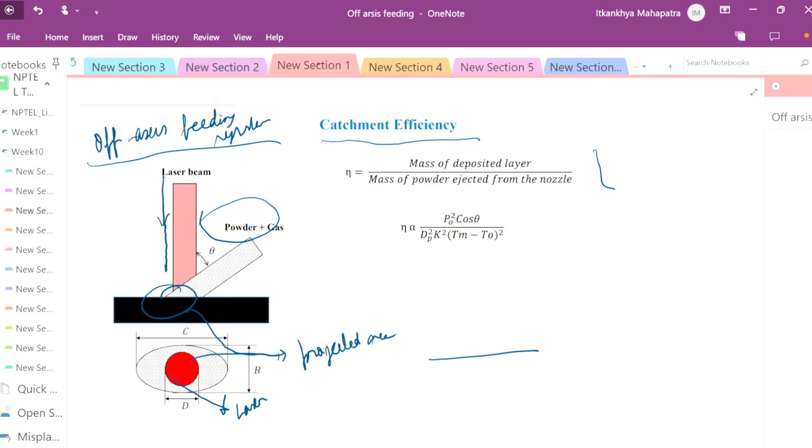So suppose this is the bead. The mass is this. Now the powder I am supplying is more as compared to the deposited, so some of the powder will not be deposited at the given temperature.